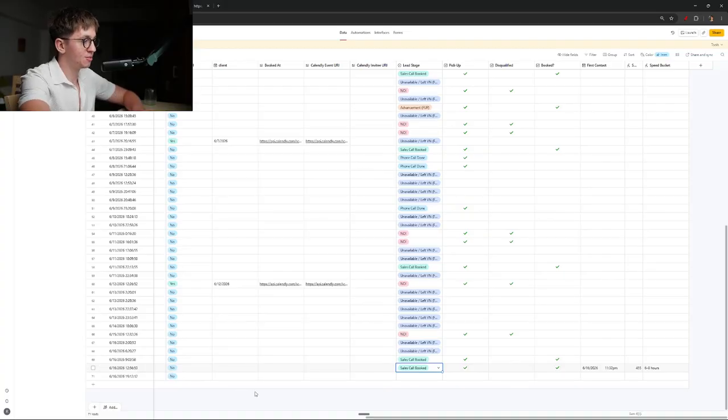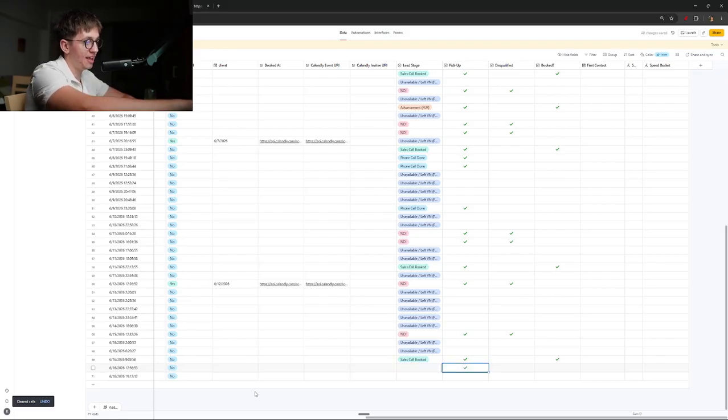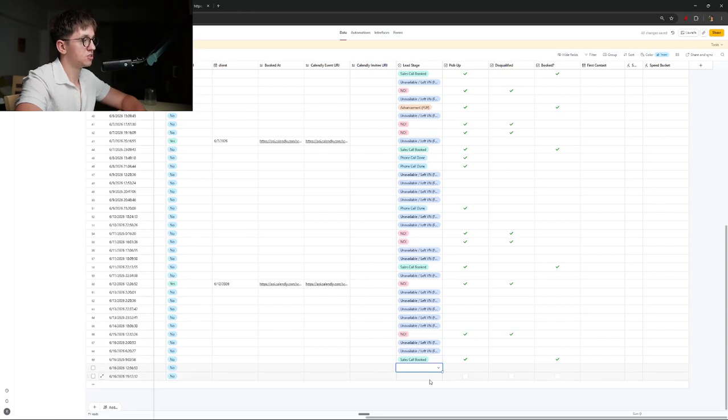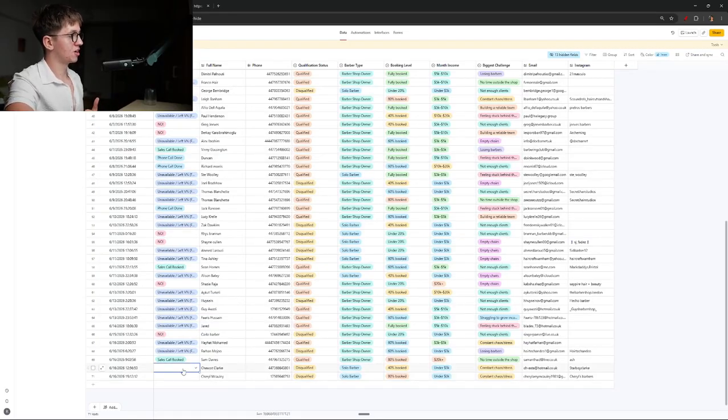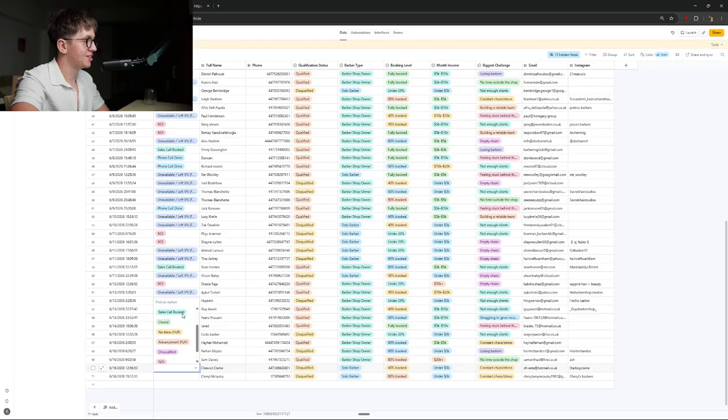When the person enters this sheet, the lead stage is empty. So when the client in the CRM presses the button and checks anything, that means he contacted the lead.